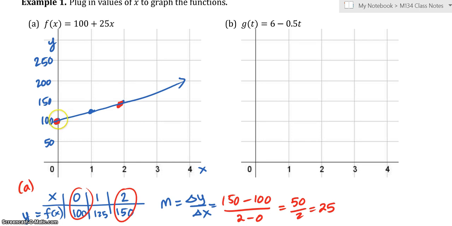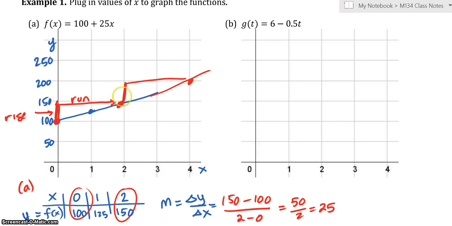So if I rise up by 50, that's this bit, and then I run over 2, this is my rise, and this is my run, that would be what this represents. And you can see, if you have a line, I've mentioned this before, I bet this point is right here, because if you do it again, rise up 50, run 2, you should not get a curve.